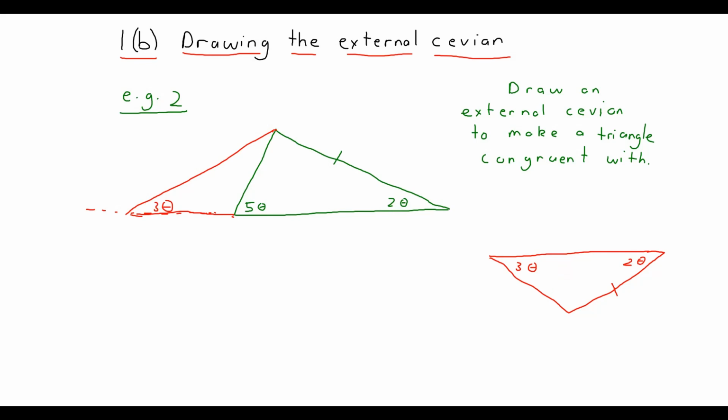And let's just double check they're really congruent. I want this marked side to be opposite my 3 theta, and the marked side is opposite the 3 theta, so we do have a congruent triangle.